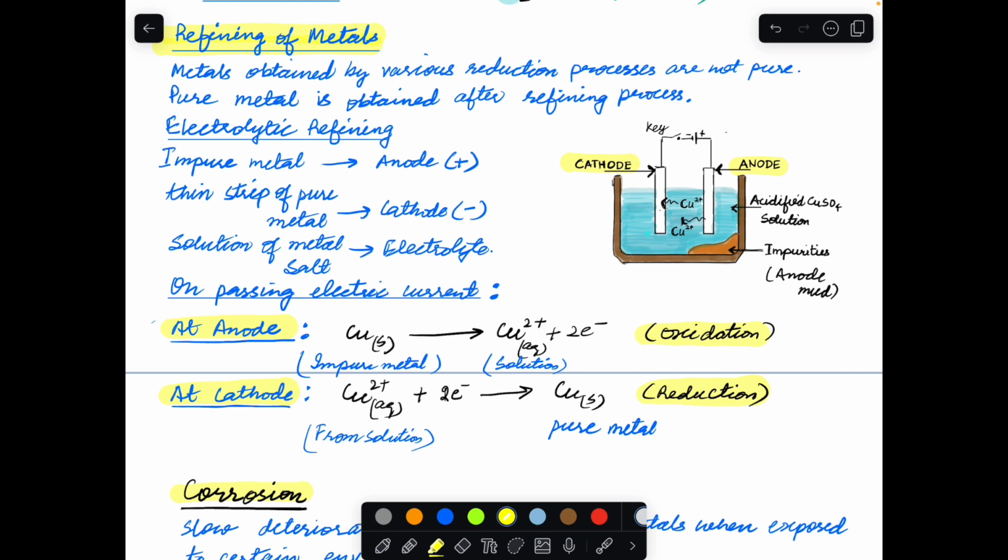So the first point is that impure metal is used as the anode, and pure metal is used as the cathode. Be very clear about how we are doing this.